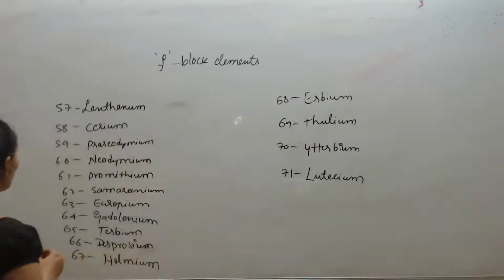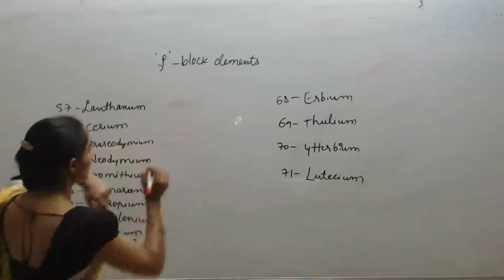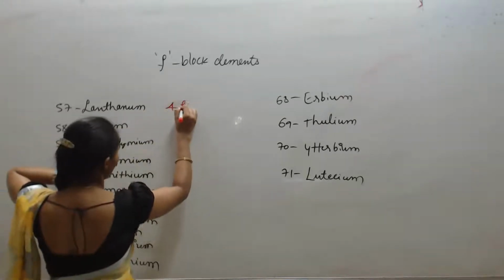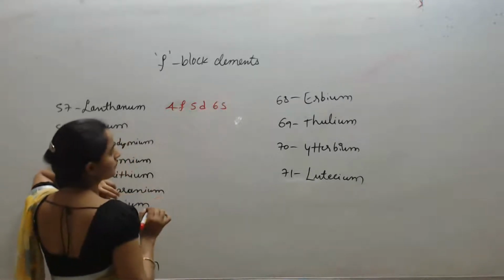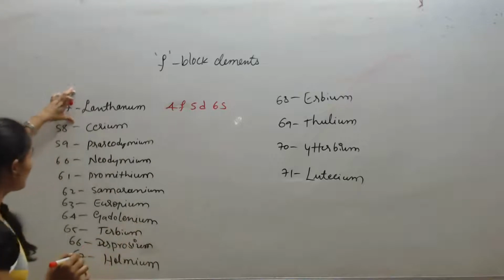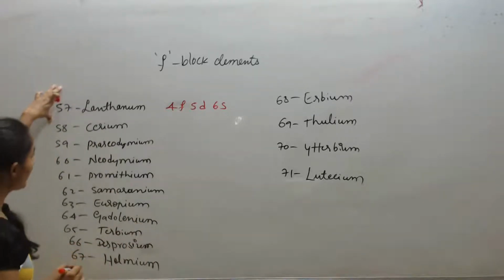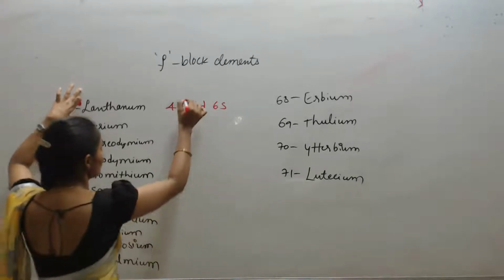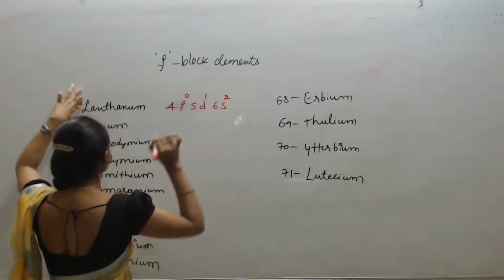Okay, those are called as what? Lanthanides. So here is the electronic configuration, students, as it is a 4F series. So this starts from 4F, 5D, 6S. Lanthanum, if you keep on writing the electronic configuration of this, you will get here 0, here 1, here 2.